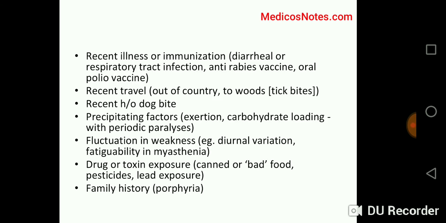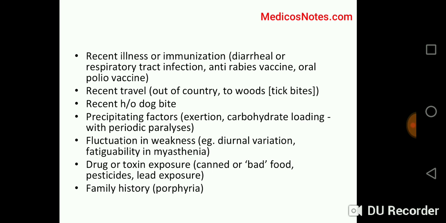History can give you important clues to the etiology of the lesion also. Ask whether the patient has any recent illness or immunization, such as diarrheal or respiratory tract infection, anti-rabies vaccine or oral polio vaccine, which all will result in demyelinating illnesses.